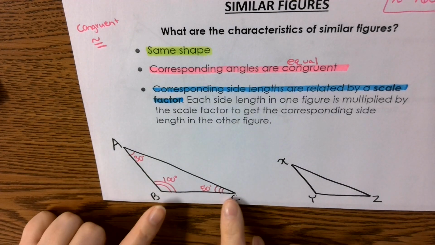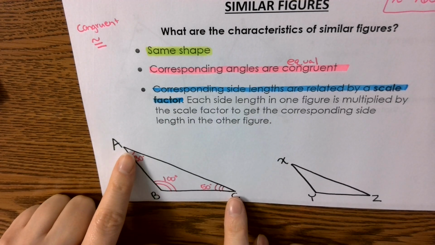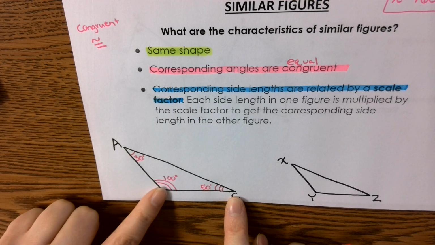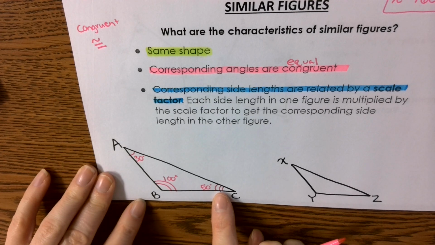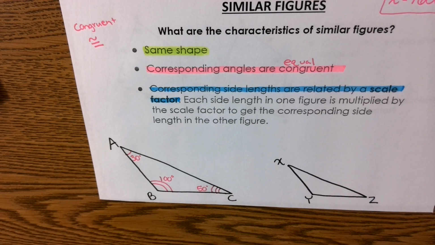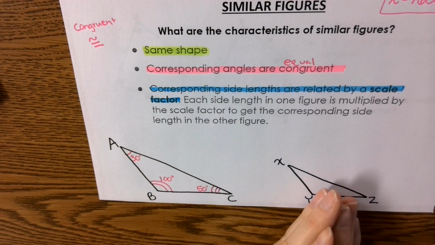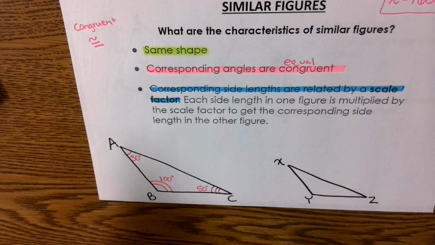Now notice that I'm drawing these little lines, right? The angle A, I only drew one line. Angle B, I drew 2 little arced lines, and then angle C, I drew 3 arced lines. Those are correspondence lines. Okay, we use those corresponding lines to be able to indicate that from one shape to another shape, these angles are going to correspond to each other.